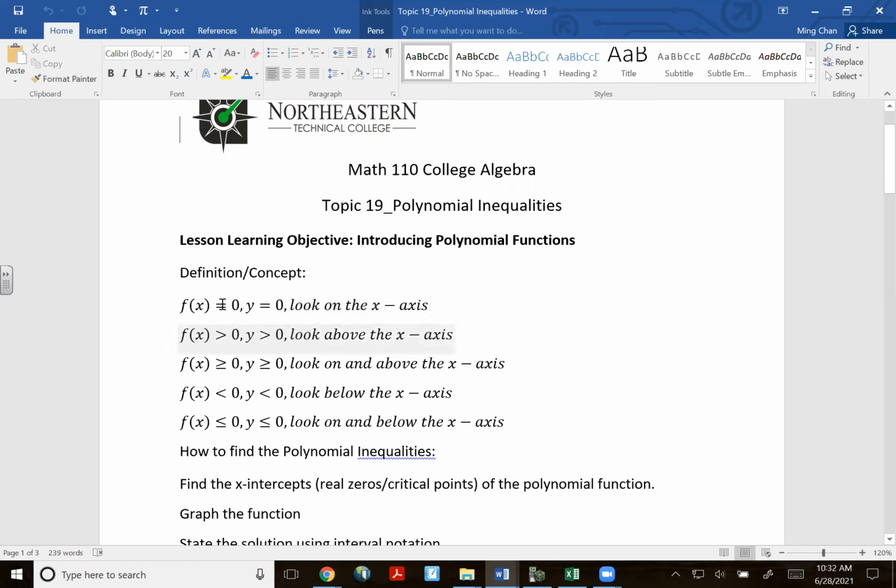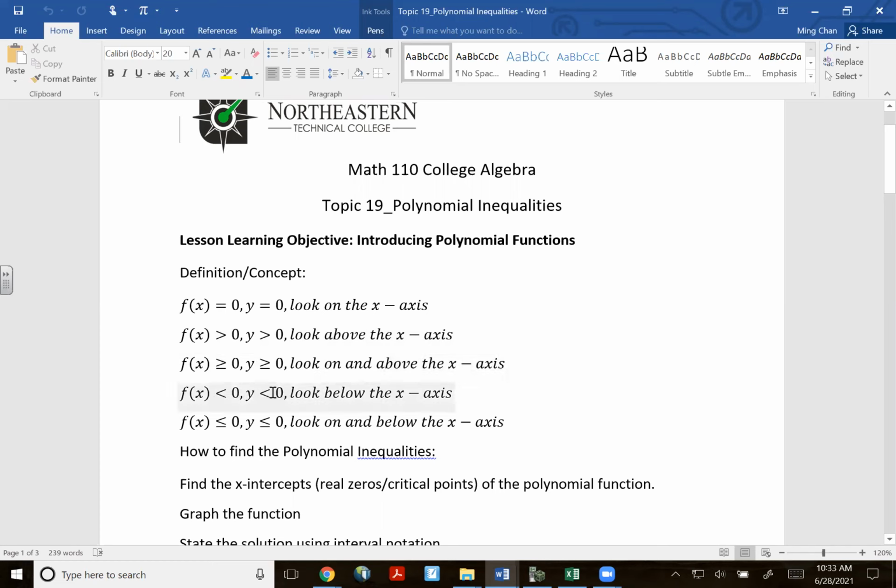So when I change the equal sign to an inequality, if I say the function is greater than zero, or y is greater than zero, that means we need to look at the part of the graph that's above the x-axis. If there's an equal to, we look at what's on the x-axis and the part that's above it.